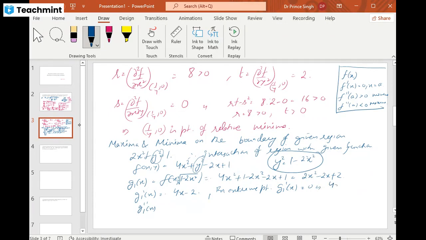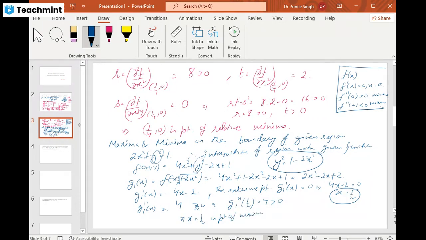It gives us 4x minus 2 equal to 0. So the value of x is 1 by 2. And now we calculate g1 double dash x, its value is 4, which is already positive. So even g1 double dash of 1 by 2 is also 4, which is positive. So it means that x equal to 1 by 2 is the point of minima.